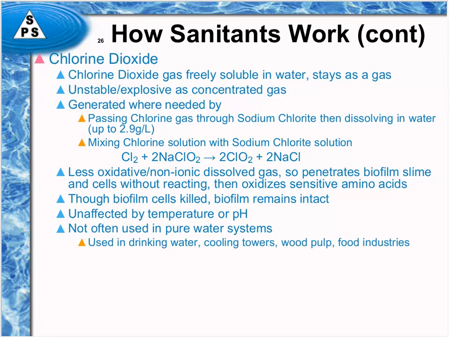It's often used in drinking water situations, in sanitizing cooling towers, in the wood pulp industry, which is notorious for biofilm formation, and even as a sanitant in the food industry. If you recall, a few years ago there was the anthrax scare, and this chlorine dioxide gas was used as a decontamination gas in large complex spaces like congressional offices in Washington, D.C.